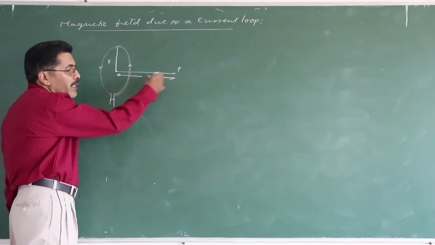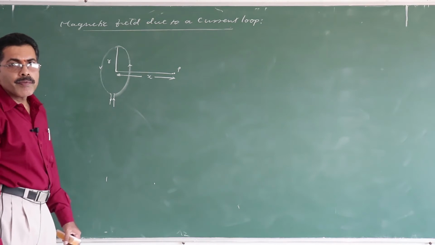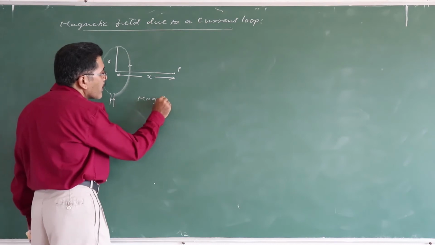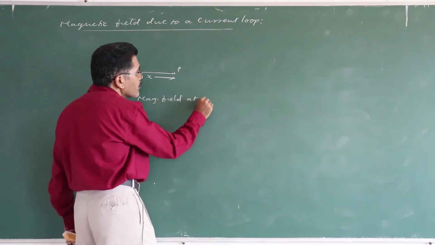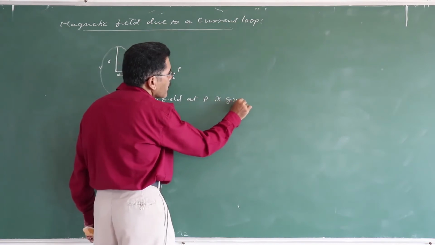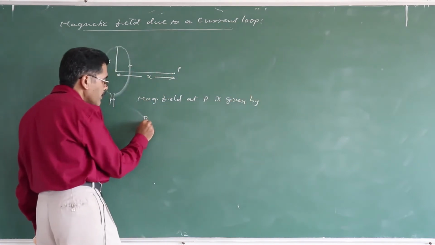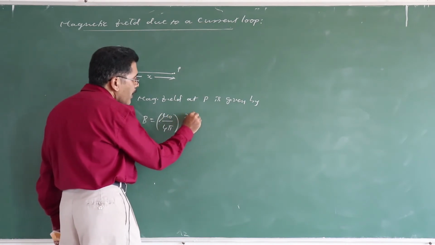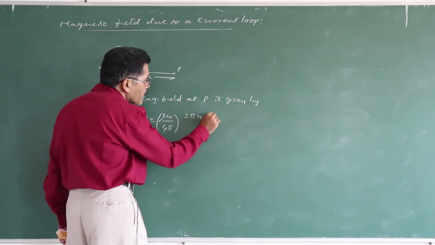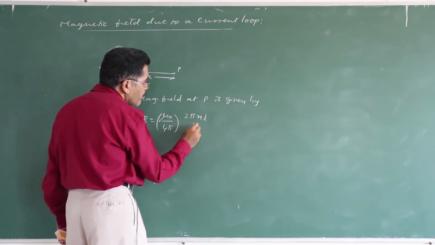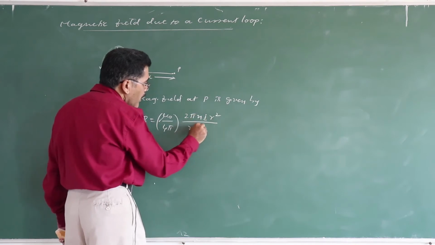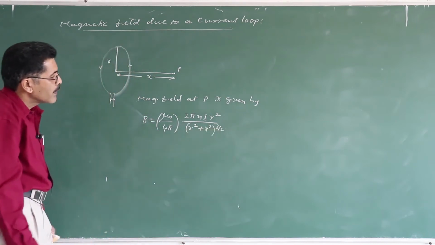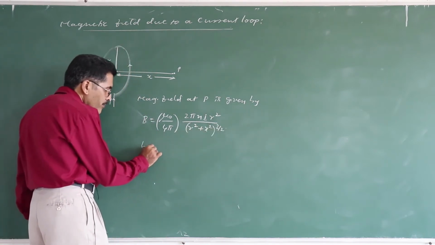Then the magnetic field at P we have derived in the previous classes. Magnetic field at P is given by B is equal to mu naught by 4 pi, 2 pi n I r square by r square plus x square whole to the power of 3 by 2.